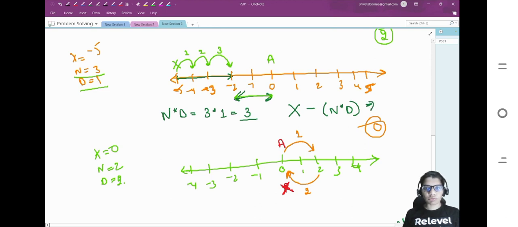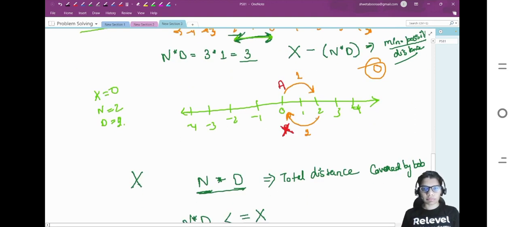And it can give you the minimum possible distance, right? Because at max, Bob can reach till -2 only. It can't come nearer than -2 to origin.